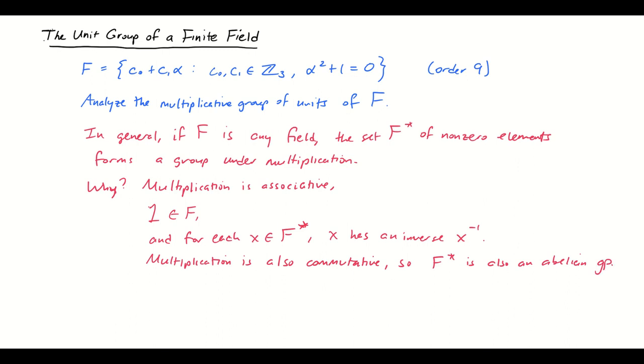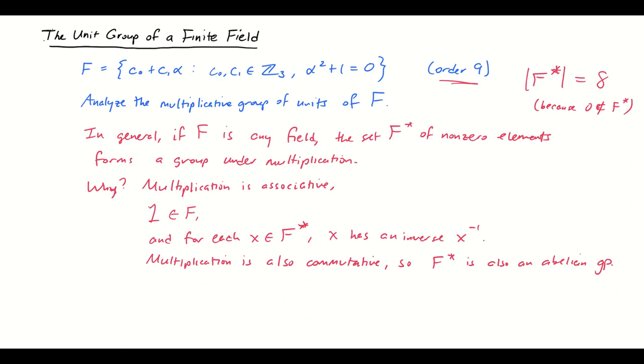Okay, so that means that we have some foothold, at least in the finite case, for analyzing the structure of that abelian group, because we have a structure theorem for abelian groups. We have a classification. So what I'd like to do is figure out, if I have a field of order 9, then F star, because it excludes 0, is a group of order 8, because 0 doesn't belong to F star.